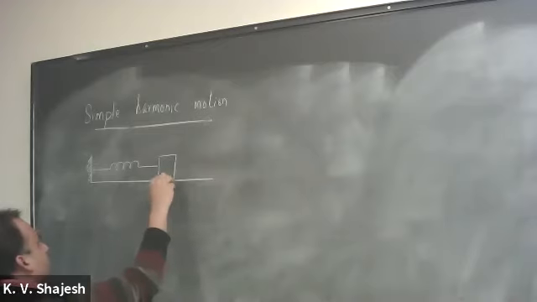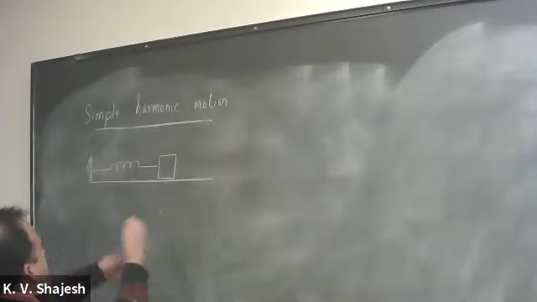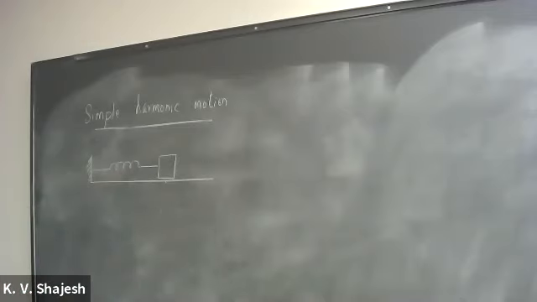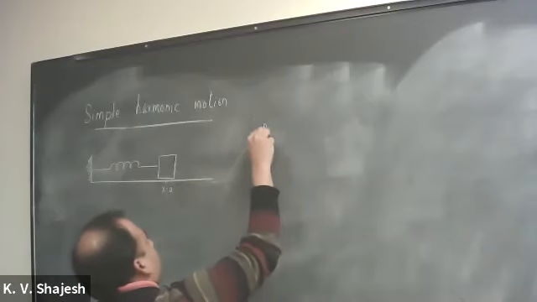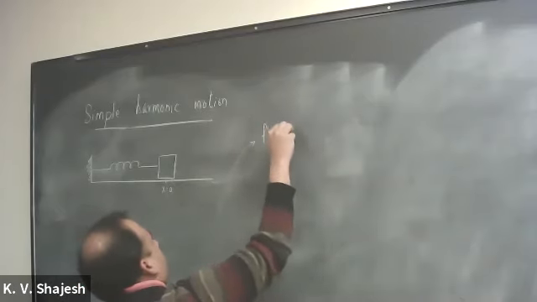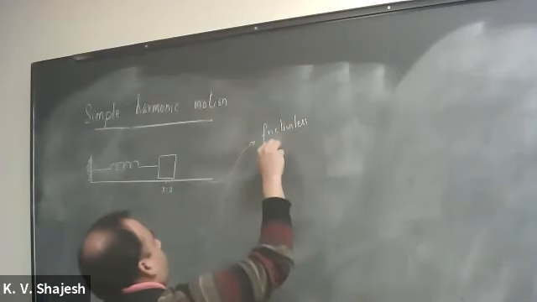The point where the spring is neither stretched nor compressed will be called the position x equal to 0. That's the equilibrium position. We say that this is frictionless and horizontal.